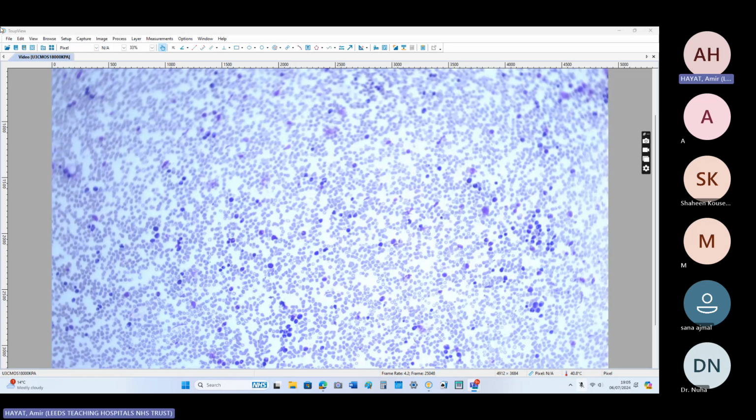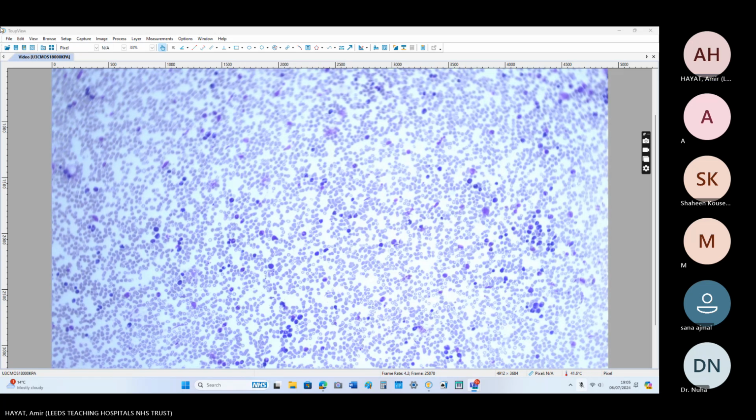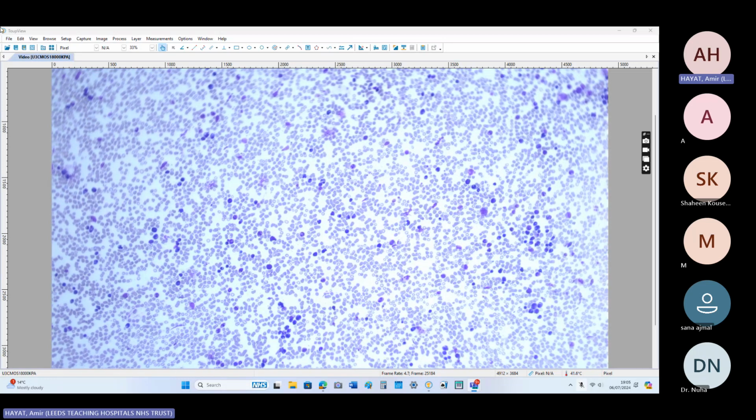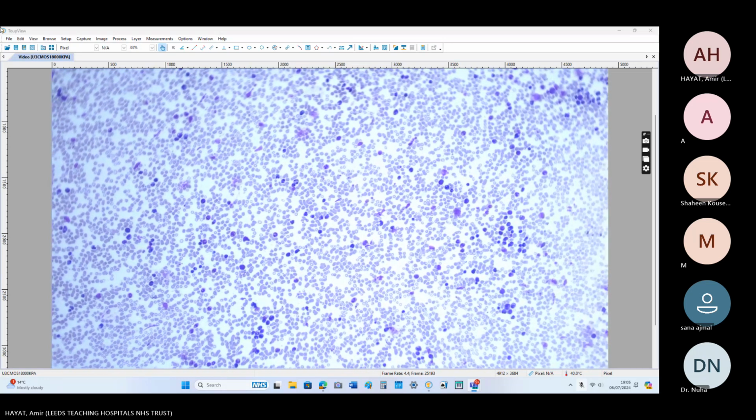So this is the last case. This is a 33-year-old patient referred to hematology because of a big mass in the left inguinal area, and the CT scan shows that this is a lymphoid mass.